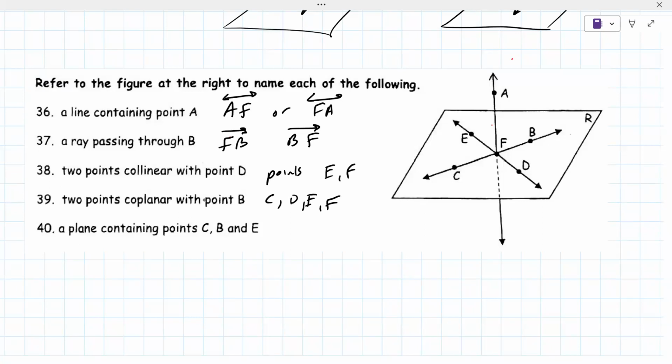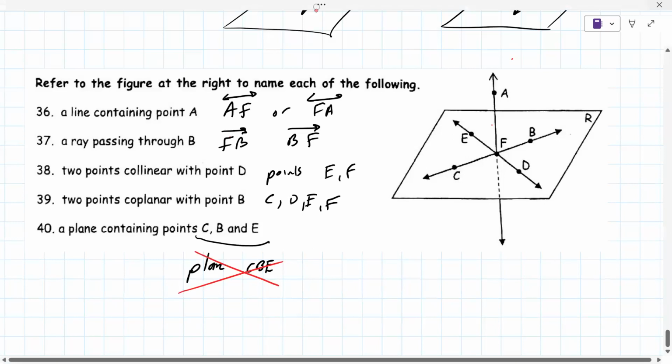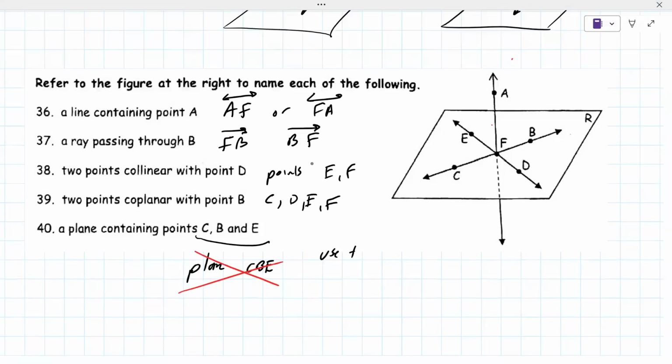All right. Now, when it says a plane containing points C, B, and E, you're not supposed to do this, even though you were doing that in a previous problem. You're supposed to use the letter R. So you would say plane R like that.